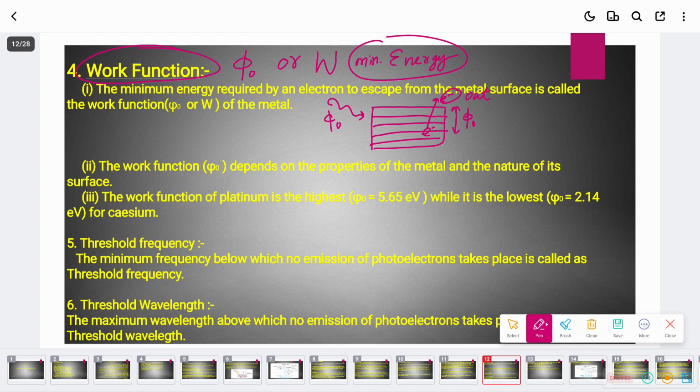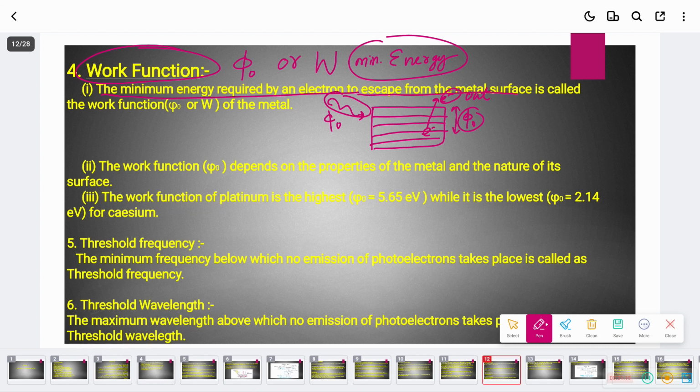So that is what work function is. Work function is the minimum energy required by an electron, this electron sitting here. It wants to come out. To make it come out, the light you provide should have phi naught energy, because it is having phi naught energy there. That's why they are sitting here.